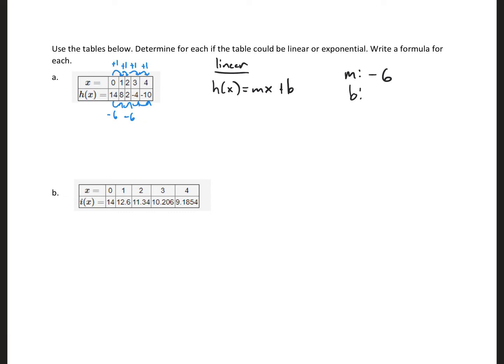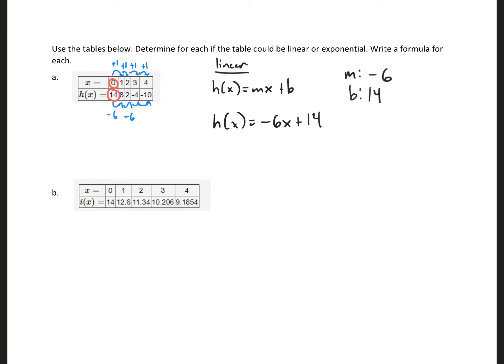It's the output when the input is 0. When the input is 0, the output is 14. So b is 14. So we know this is a linear function, and it's going to have the formula h of x equals -6x plus 14 when we fill in m and b.